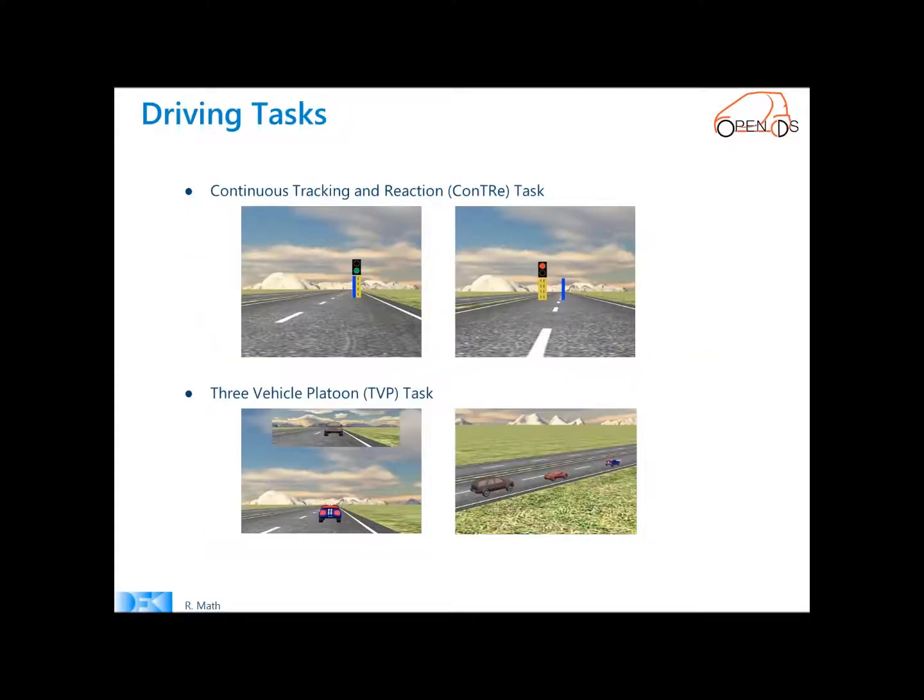Yes, here are again screenshots of the two tasks I've already mentioned, the continuous tracking and reaction task, country task. And what we will see in more detail tomorrow, the 3-vehicle lane task, where you are the car in the center and you have to follow the car in front of you, keep the safety distance, keep your position in the lane, and by the way, you will also have to react to some events that will randomly occur.